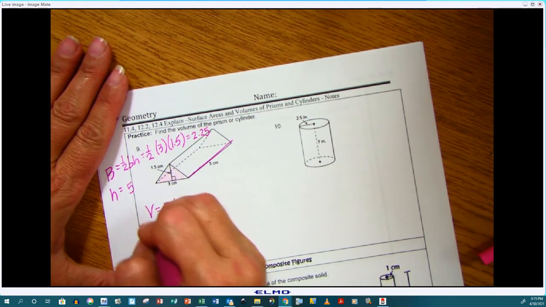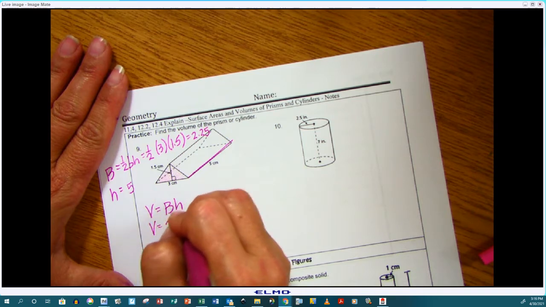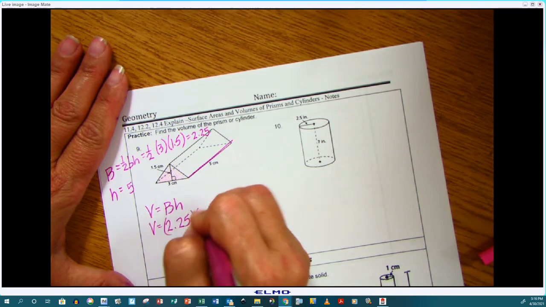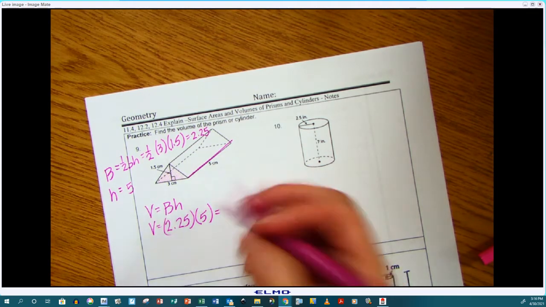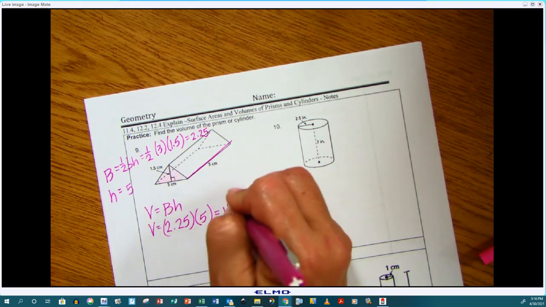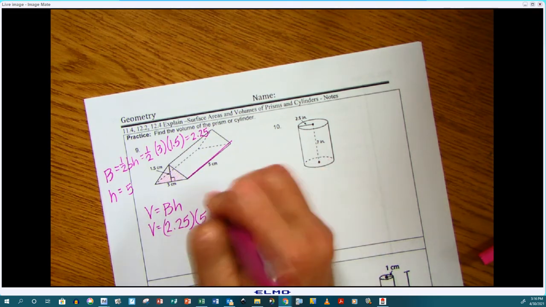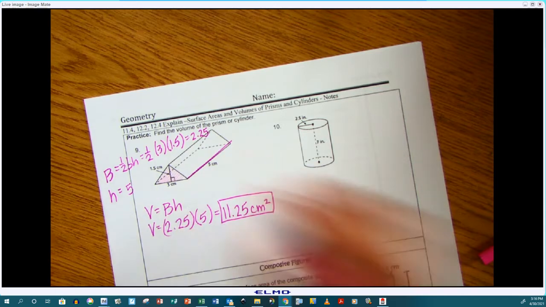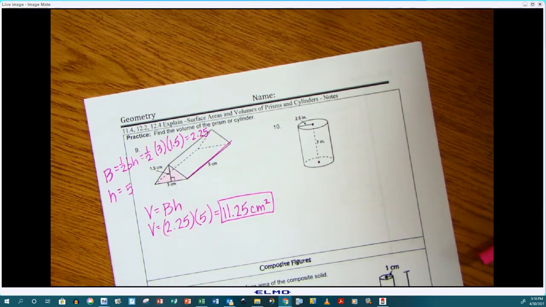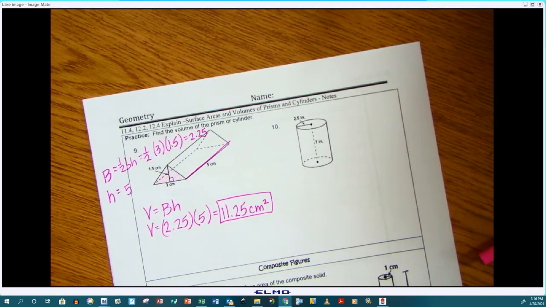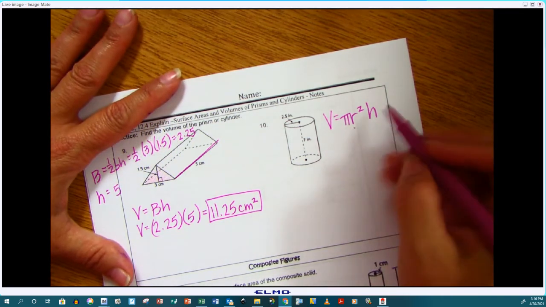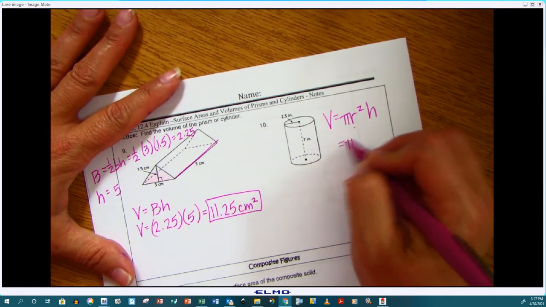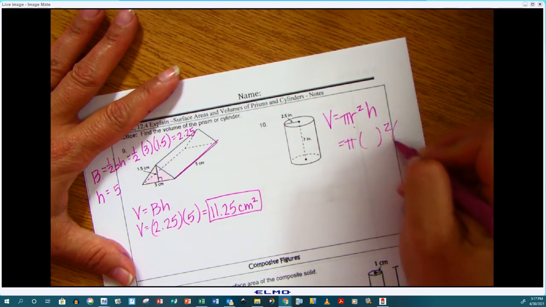So your volume, 2.25 times 5, is 11.25 centimeters cubed. So pi r squared h.